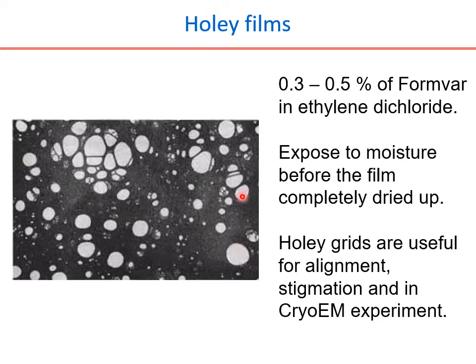In this arrangement, when the entire Holey film is frozen, the protein that is trapped in the well in its own buffer condition will be frozen. If you look at this protein trapped in the well, the protein is in its own native environment, not making any contact with the substrate, but embedded in the ice in the conformation of its own choice.